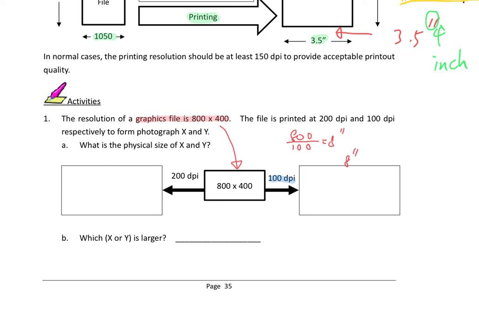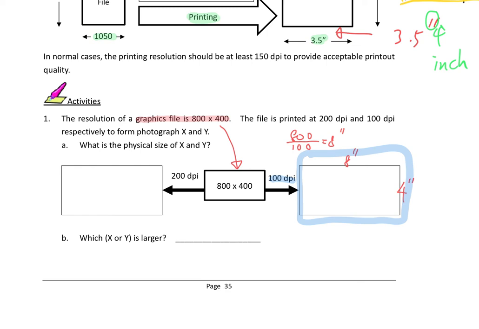It's the same for the length, which should be 4 inch. So on the right hand side, the physical size, or the dimension of the printout, will be 8 inch by 4 inch.